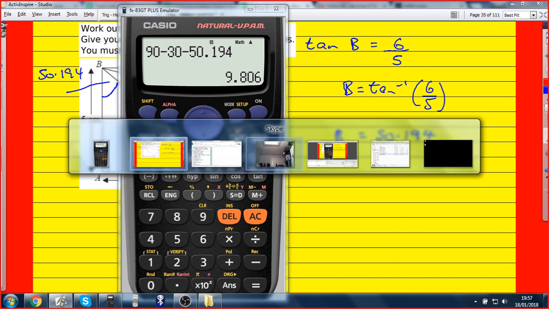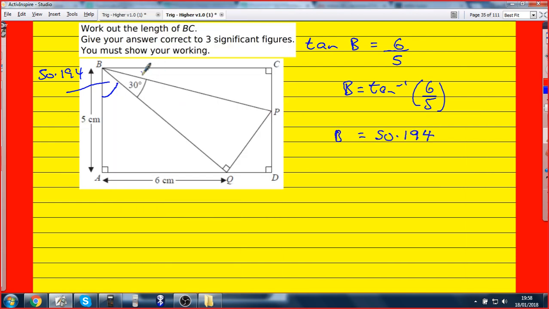Okay, so 9.806. So now you have to do that times by. Oh no, you don't. You want to do that line there, haven't we?